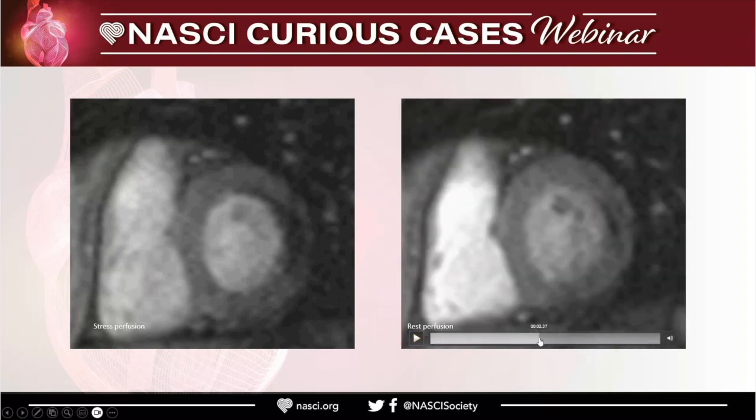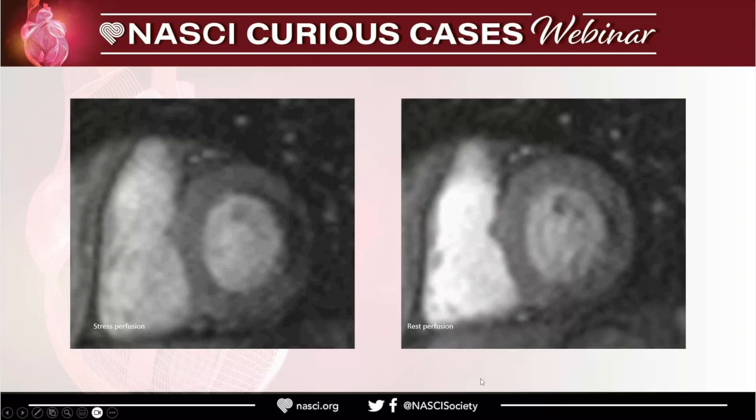Did you say peri-infarct ischemia? Perfusion defect in rest and the larger one in the stress images. Yeah, so do you want to ask me a question like which one was done before, stress or rest? Does it have any significance?